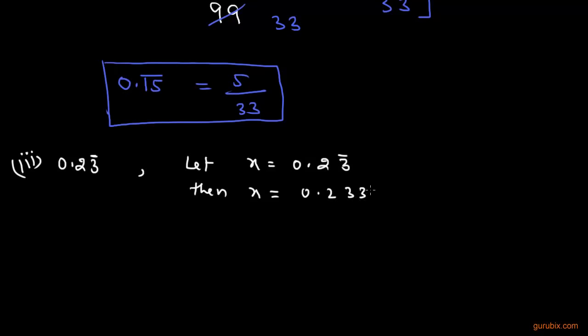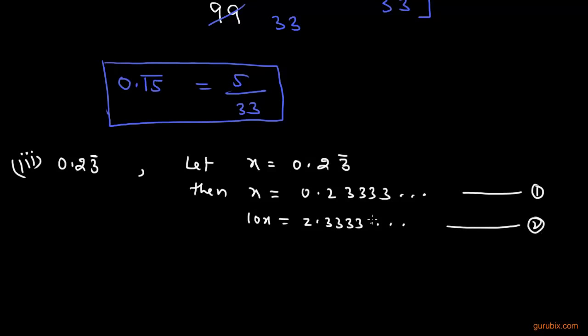Only 3 will repeat, because the bar is just on 3. So let this be equation number 1, and we shall multiply this equation by 10. We get 10x, and the decimal point will move one place to the right, so it will be 2.3333 dot dot dot, and let this be equation number 2.